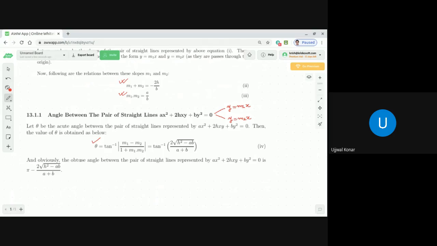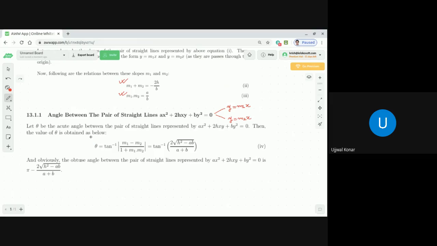Now we are going to transform this from slopes to the coefficients of the different terms of the homogeneous equation of second degree. That means theta becomes tan inverse of 2 into square root of h square minus ab divided by a plus b.